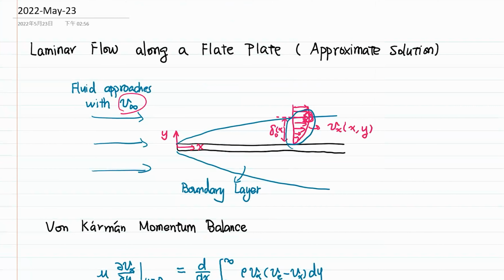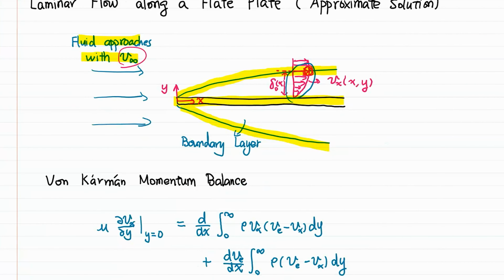So we have fluid approaching this flat plate with a velocity of V infinite. Once the fluid touches this flat plate, the boundary layer starts to form. Within the boundary layer you have a velocity distribution, but outside the boundary layer it's a potential flow.